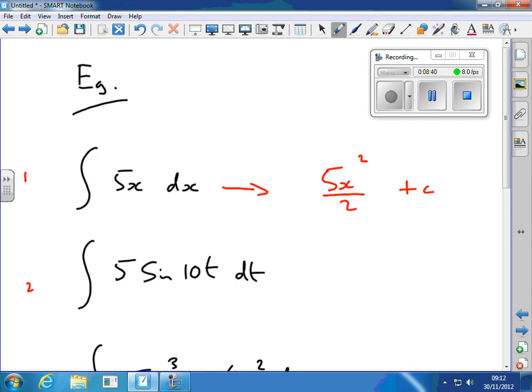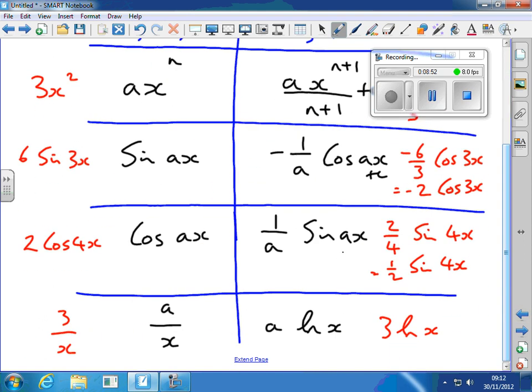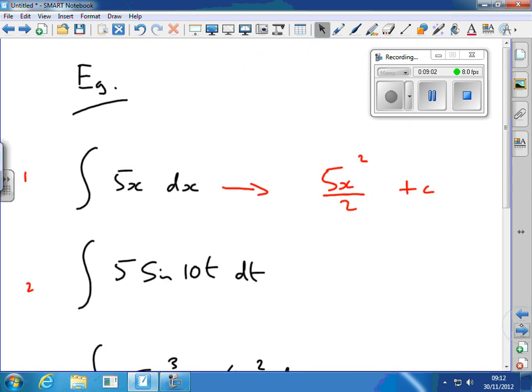So let's go back to our table of standard integrals and add that. Always plus c, plus c, plus c, which I should have put in there. So add c to the end of each of your integrals on your table of standard integrals. So always plus c at the end.